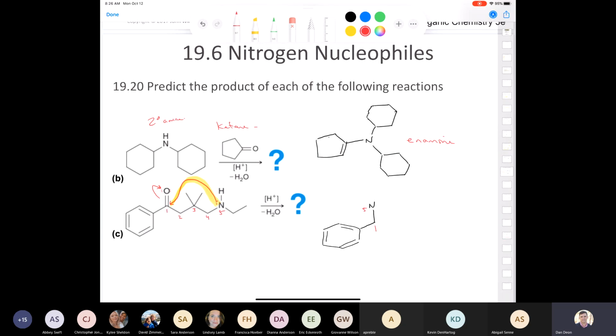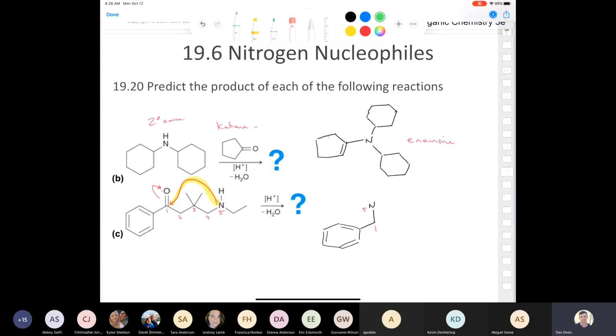Are you with me so far? I know we haven't finished the product. Good. I just want to make sure you're with me on the bookkeeping, on where everything is located. All right, now we have a 5-membered ring.